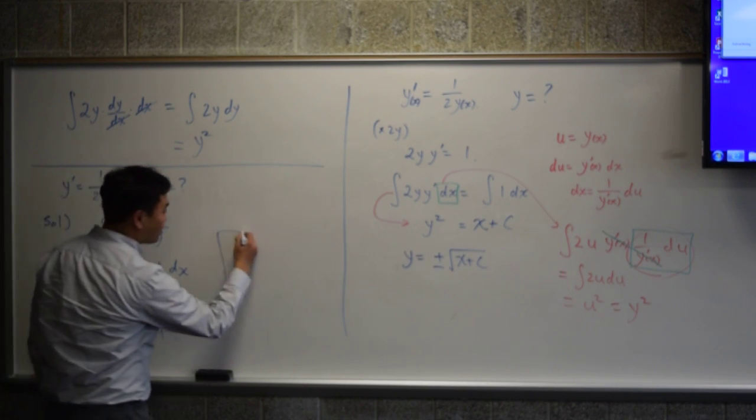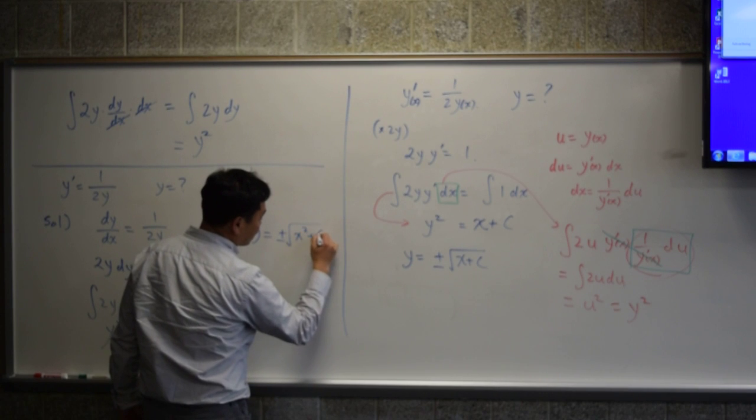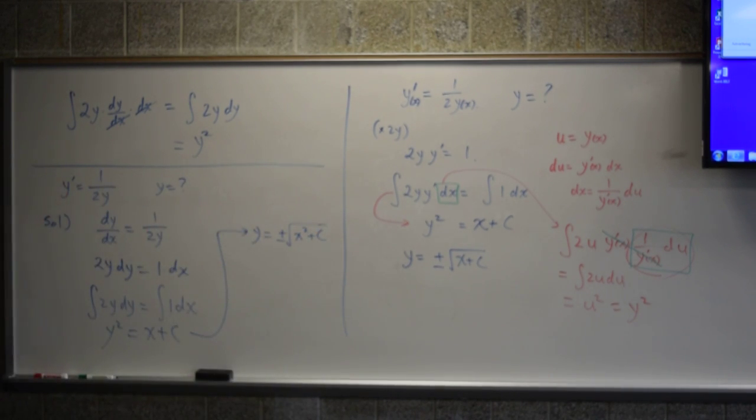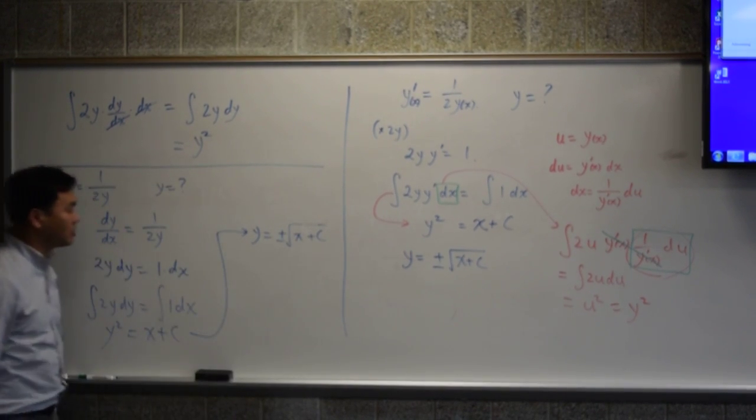Of course, you want to solve for y, so y is plus or minus the square root of x plus c. Such a differential equation is called a separable differential equation. It would just be x plus c, not x squared plus c.